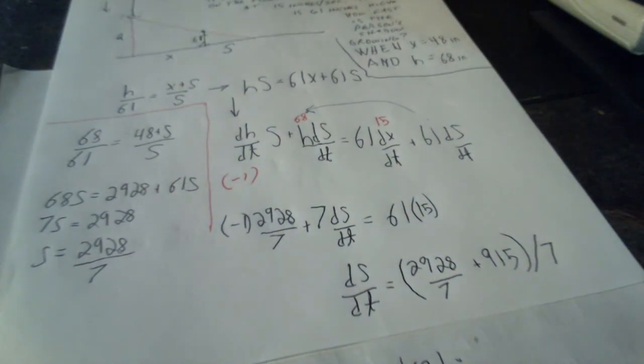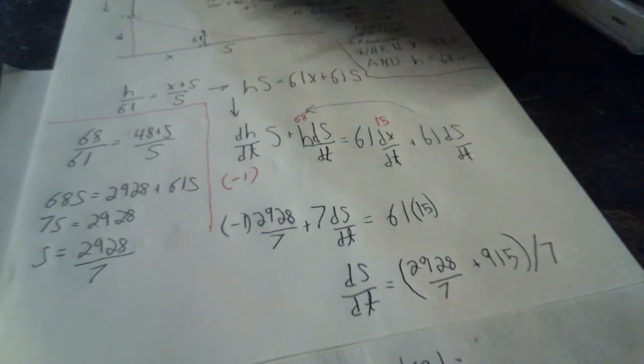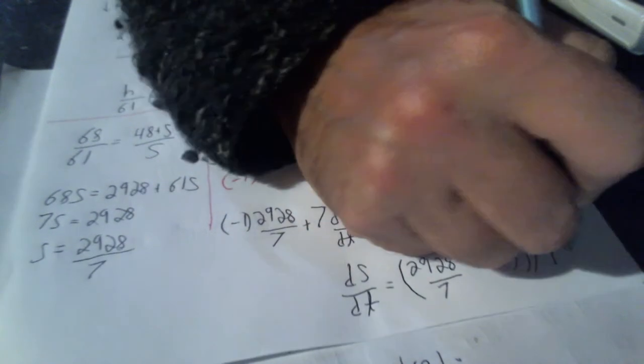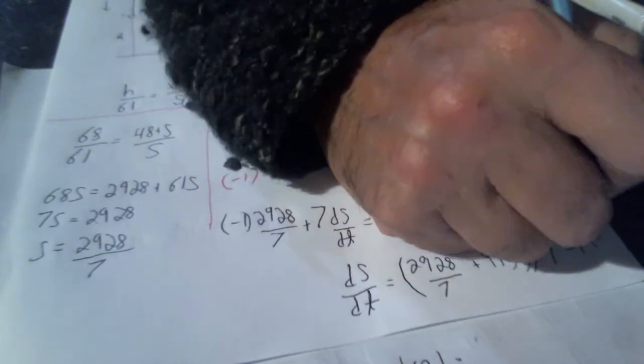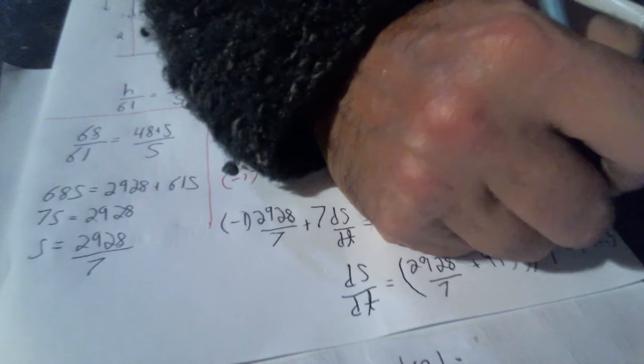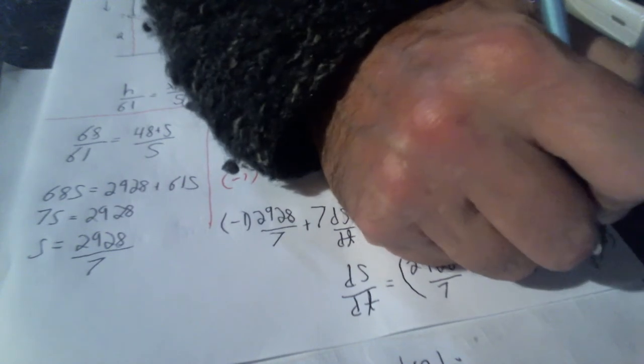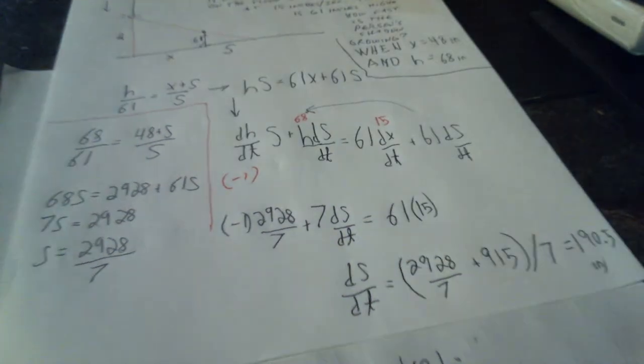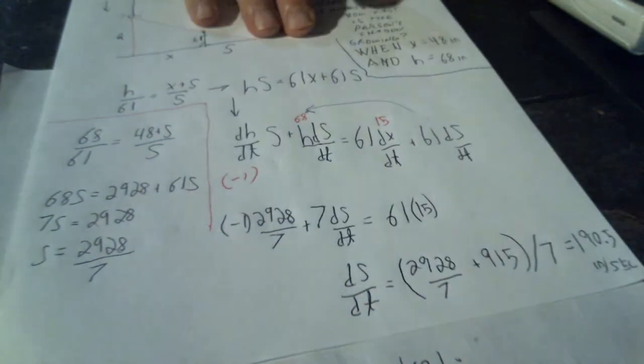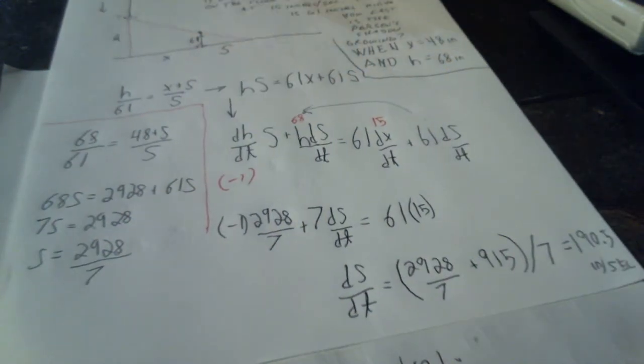So it's probably not going to be an integer. Let me give it a try on the calculator. 2928 divided by 7 plus 915 divided by 7. And I'm getting 190.5, let's call it. And that's inches per second. Everything's in inches and seconds. So there's our answer. Wow, that's growing pretty fast.